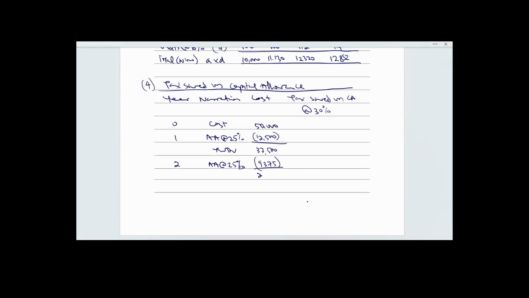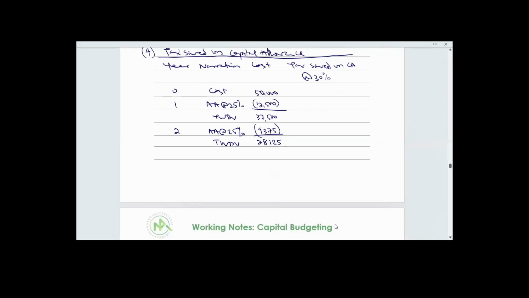That's 28,125. So this is the tax written down value at the end of year 2. So year 3, the useful life of this project is 4 years.